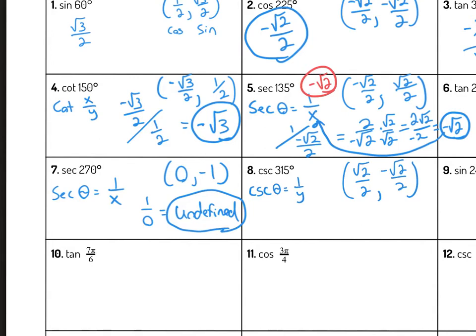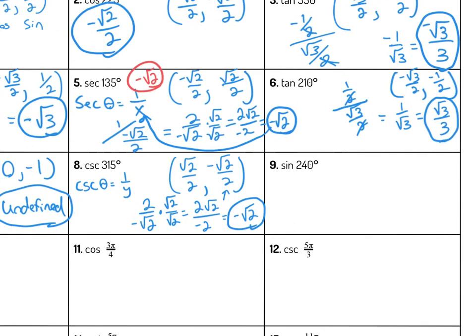Okay, 1 over the y value, so it will be essentially the reciprocal of our y value. So 2 over negative square root of 2. We feel like we just did this one. 2 times the square root of 2 over -2, and that just leads to negative square root of 2. I fit it in this time though. That's nice.